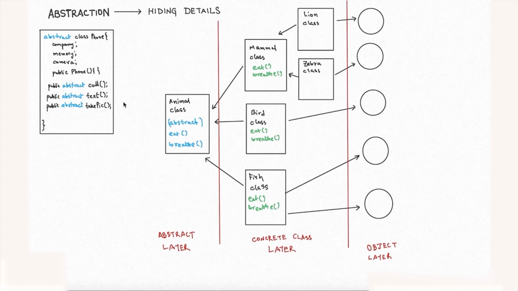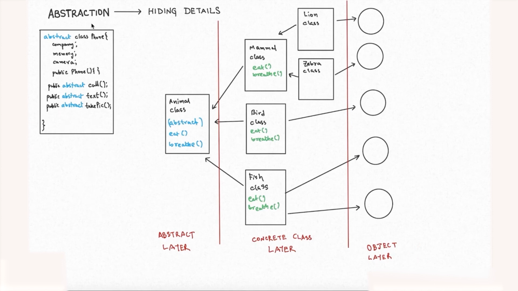As I mentioned earlier, you can think of this as a blueprint of other classes that want to create phone objects. Just like classes are blueprints for objects, in the same way, abstract classes are kind of blueprints for classes that inherit from them. So in that case, this phone abstract class will be a blueprint for any other class that wants to create phone objects.